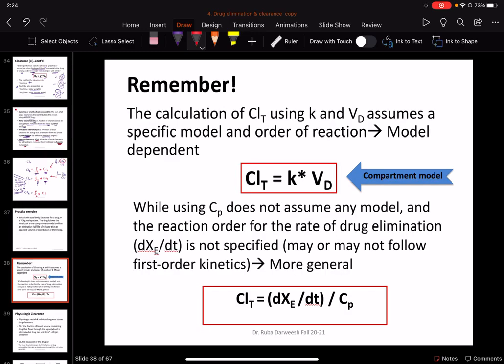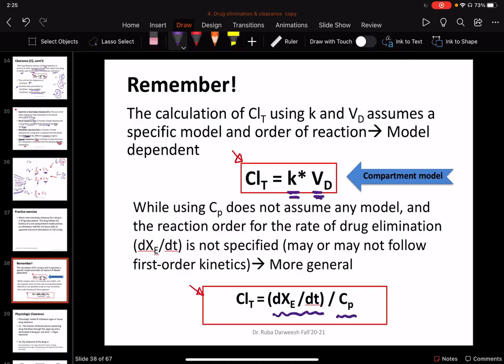So again, let's talk a little bit about the two definitions, or two ways, to determine the clearance of the drug. We mentioned that we can use the elimination rate constant multiplied by the volume of distribution, or the elimination rate over concentration.